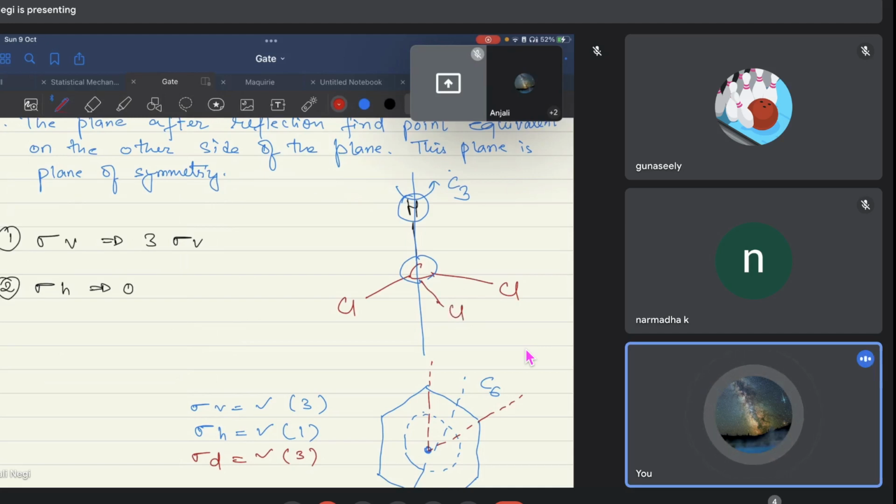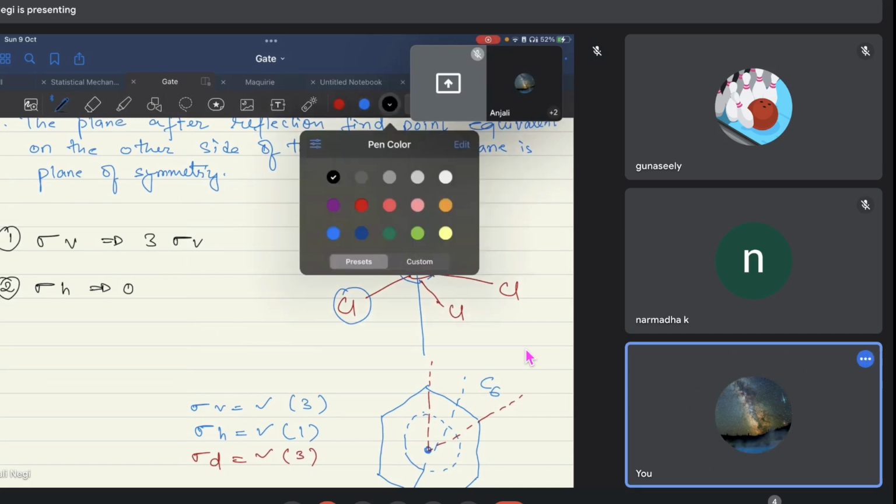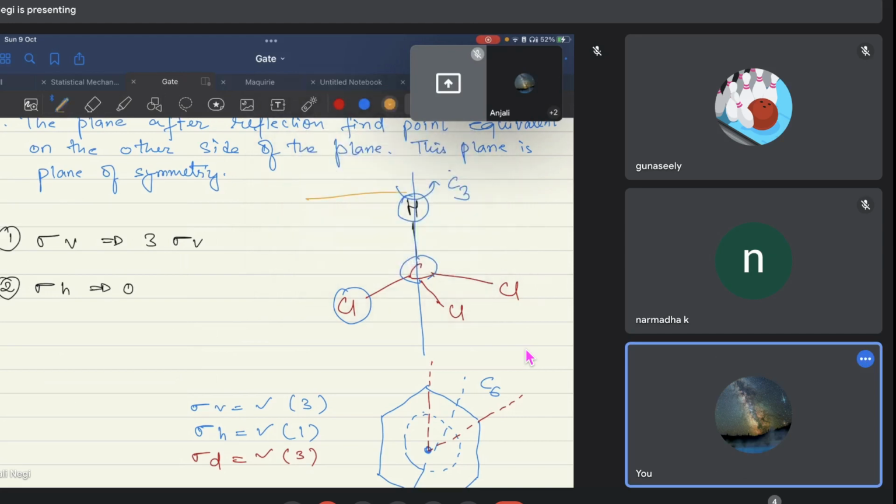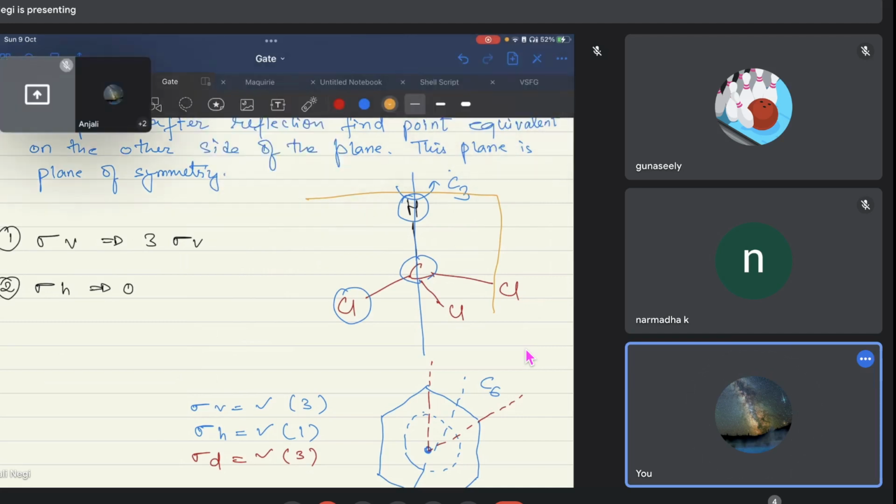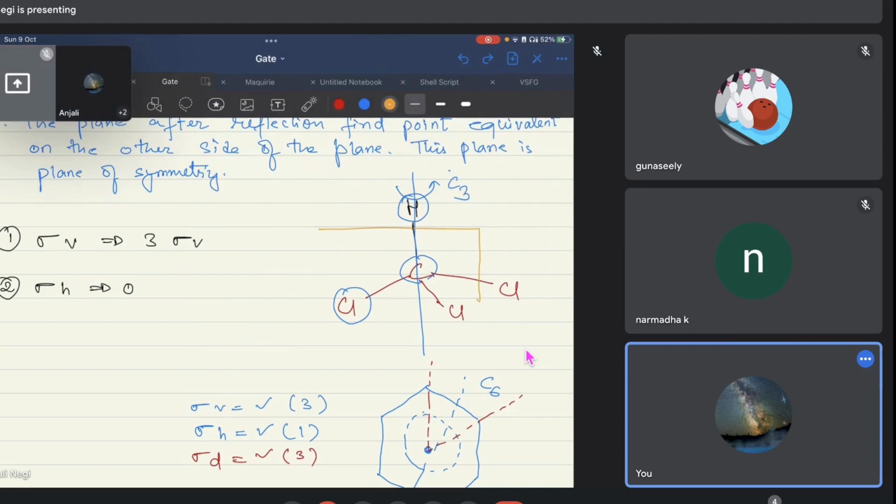Or I can just say that these three atoms are in one plane. So this plane that I can draw is... so what two points are reflecting?